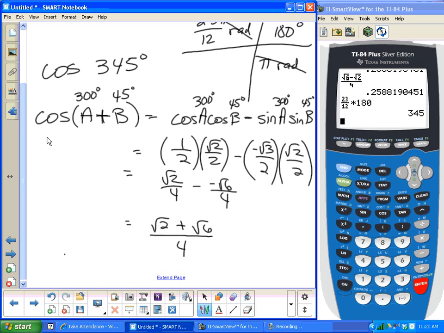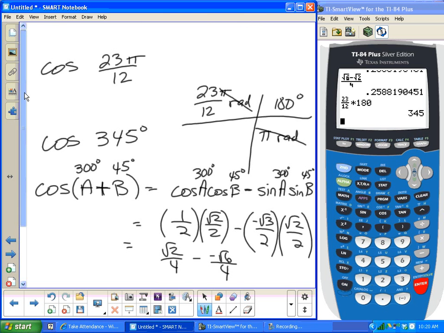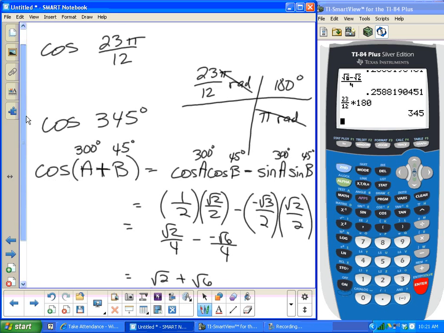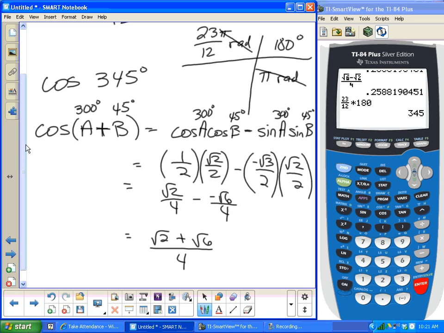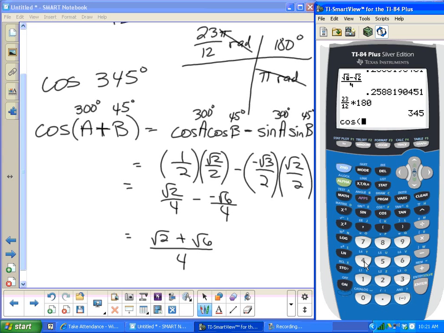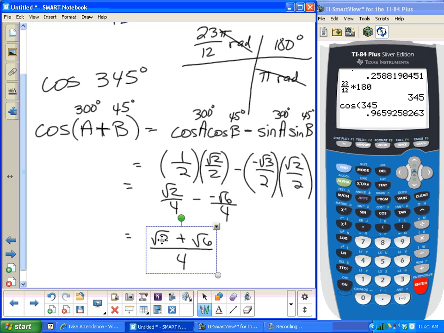So we see what to do with radians. Let's check this one since it was in radians. Now, if you were going to check the 23 pi over 12, you'd have to switch your calculator to radians. So let's just keep it in degrees. Let's do cosine of 345. Okay, so 0.9659. Now, let's check that and see if it's the same thing.